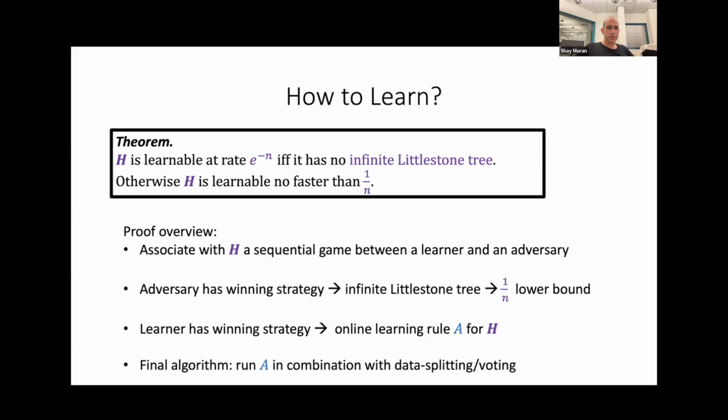Another conceptual question is that this seems to be separating out the role of the distribution and the class. Like the class determines the rate function and then the distribution determines the constants. But another approach would be to have a complexity measure that mixes both the class and the distribution.